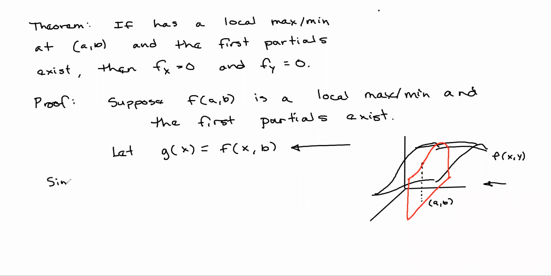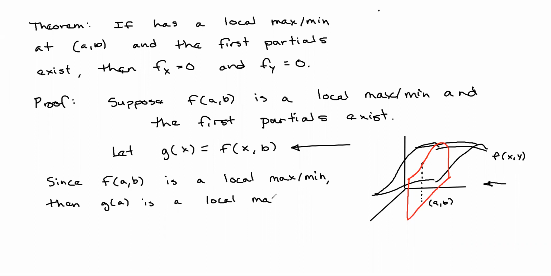So since f of a, b is a local max, then g of a must also be a local max. Why would that be? I think that's kind of obvious.